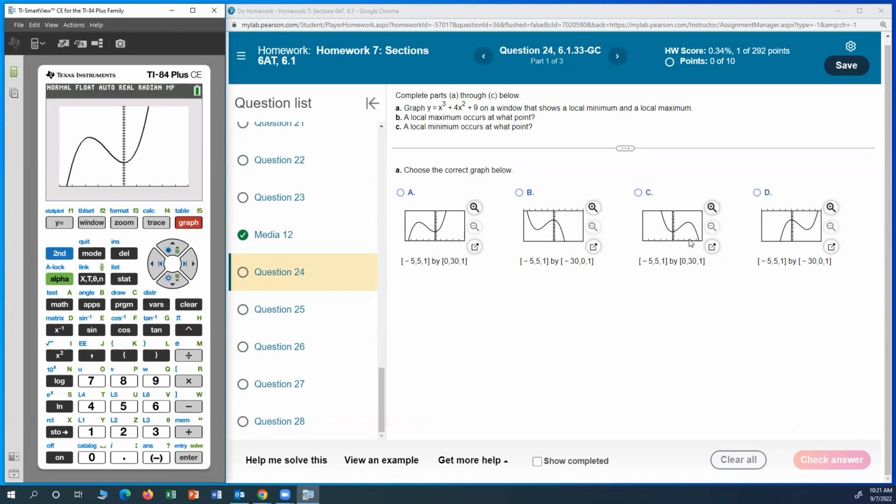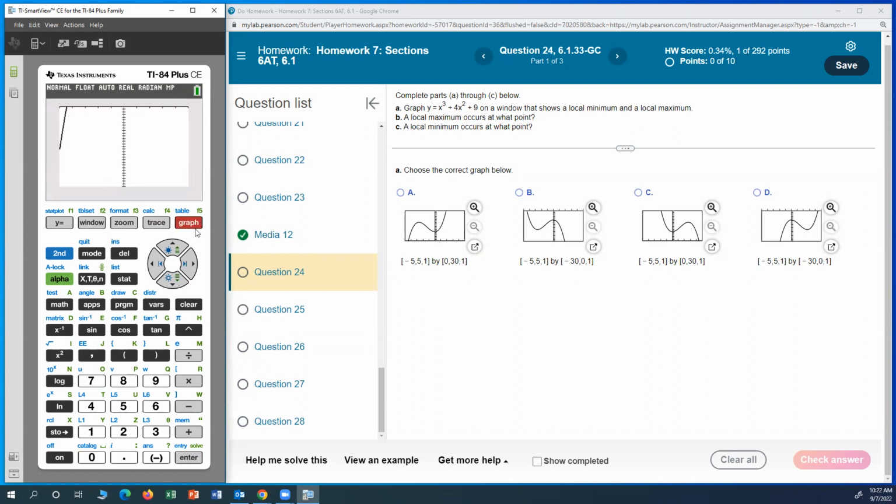But what we can do is just make sure that it's not supposed to be graph D. We know we've got the correct direction in either A or D. And so let me go back to my window, try out the window that graph D gives, which is a y minimum of -30, a y maximum of 0, and a scale of 1.